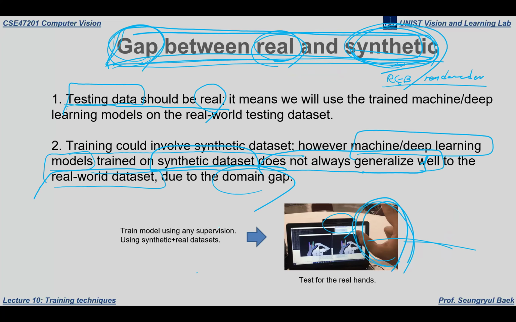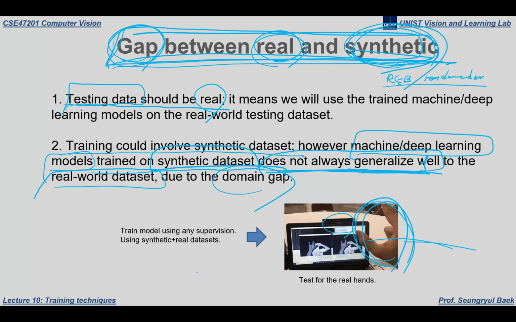The model trained on synthetic data sometimes does not work well on real world testing data. That is the problem, this gap between real and synthetic.